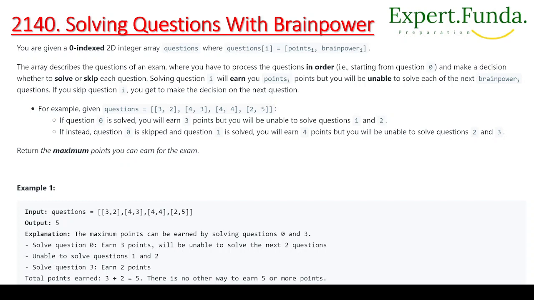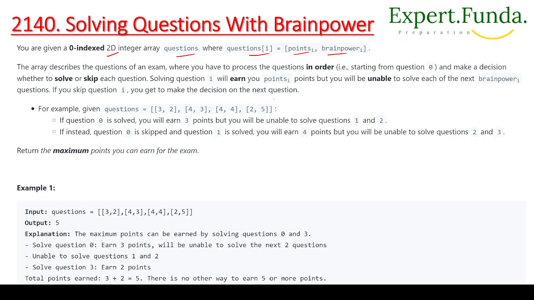So you have given a zero indexed 2D array, right? And the questions are given as questions[i] = [points_i, brainpower_i]. The array describes the questions of an exam where you have to process the questions in order, starting from question 0, and make a decision whether to solve or skip each question.